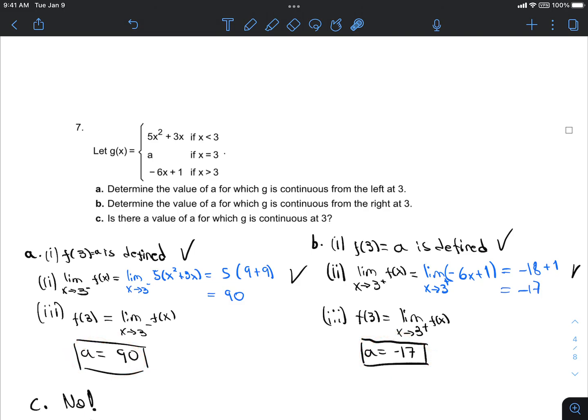If it's continuous from the left, then A equals 90, but that means it can't be continuous from the right. And if it's continuous from the right, then A equals minus 17, and therefore it's not continuous from the left because A is not 90. So it can't be continuous on both sides because the answers from item A and item B are different.